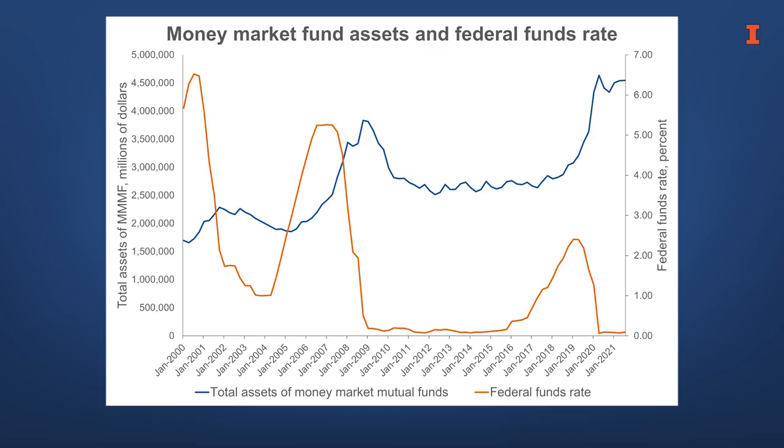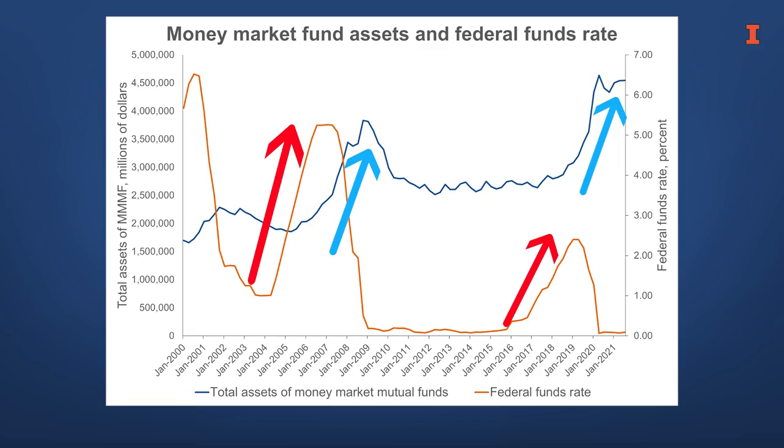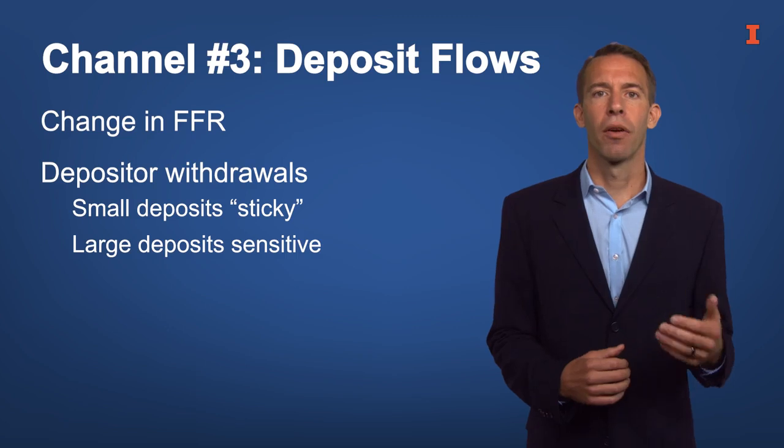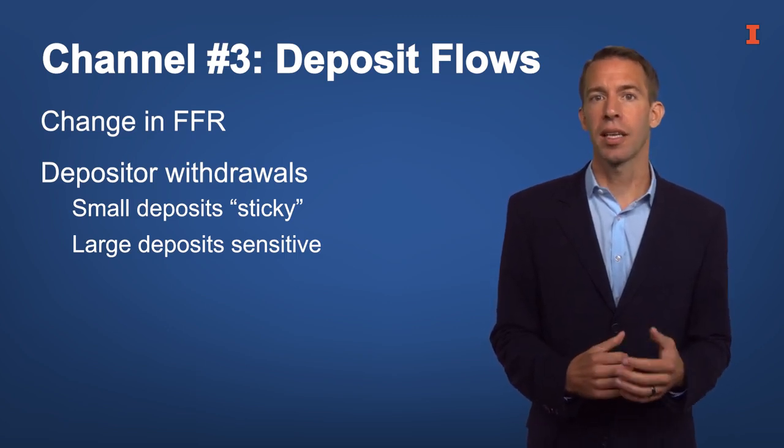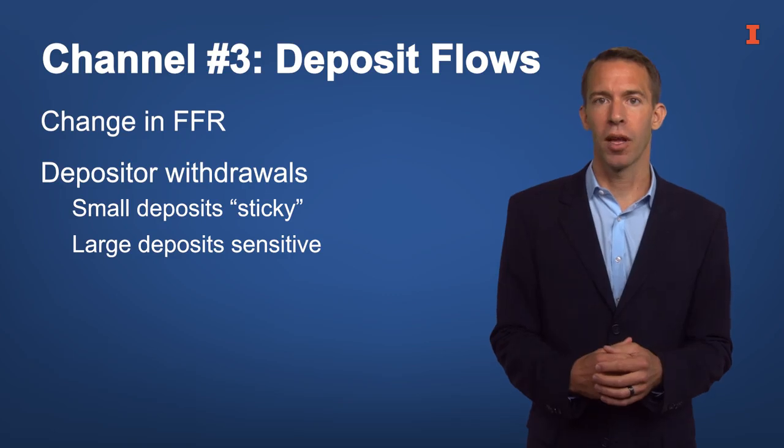As you can see, when the Federal Reserve increases the federal funds rate, for instance between 2004 and 2006, or 2016 and 2019, assets of money market mutual funds grew much faster. The reduction in deposits also means that banks have less funding and hence have to reduce their credit supply.